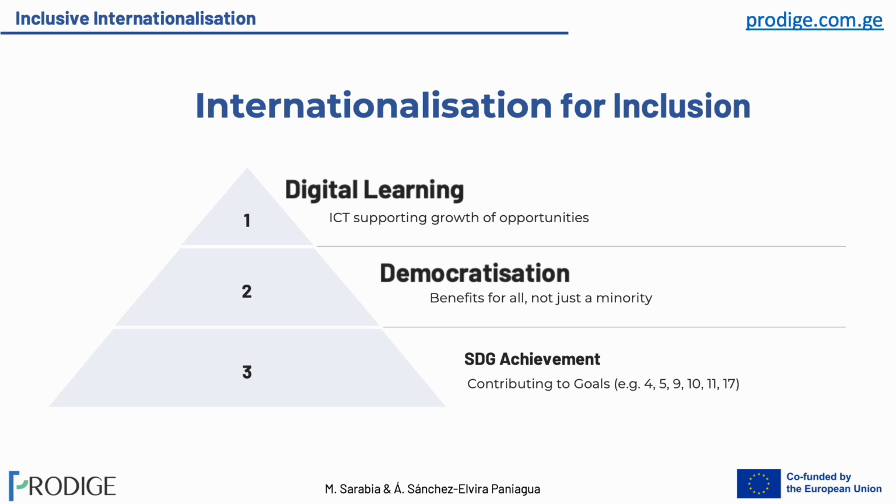Furthermore, the internationalization of higher education must work towards the achievement of the Sustainable Development Goals, and we see that when both dimensions, digital learning and internationalization, are articulated, they contribute significantly to various goals such as SDGs 4, 5, 9, 10, 11, or 17.